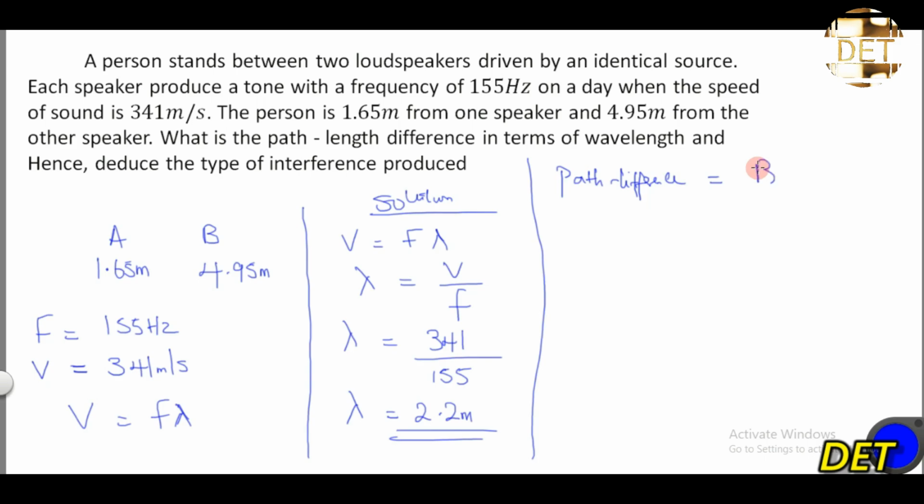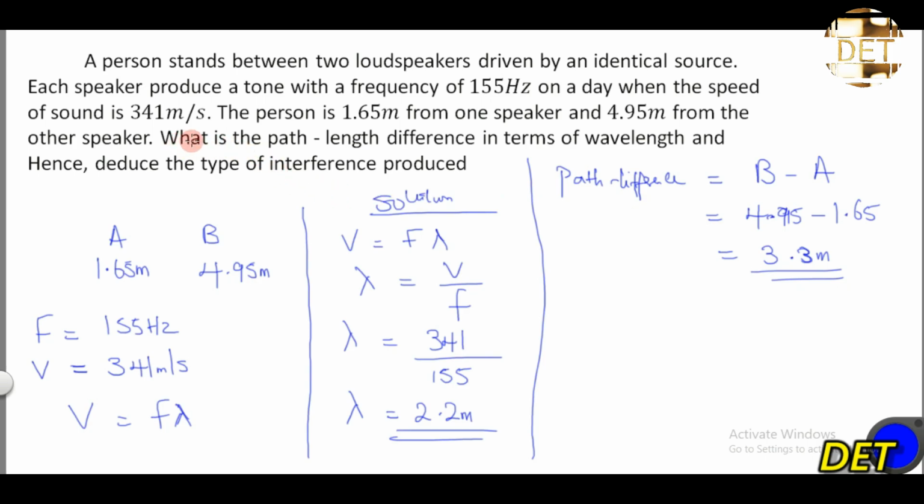So that will be B minus A. So that will now be equal to 4.95 minus 1.65, which will be equal to 3.3 meters. So this is the path difference.